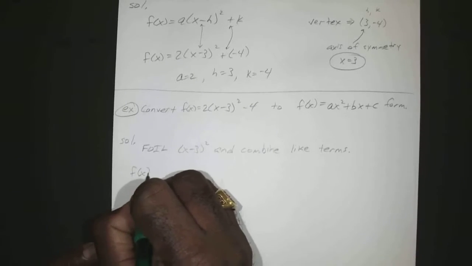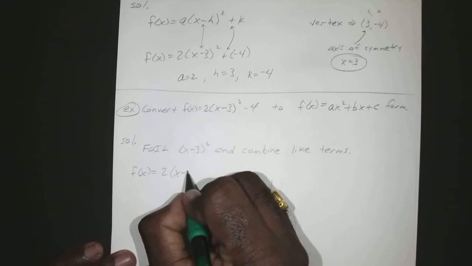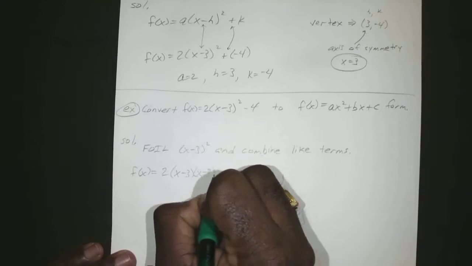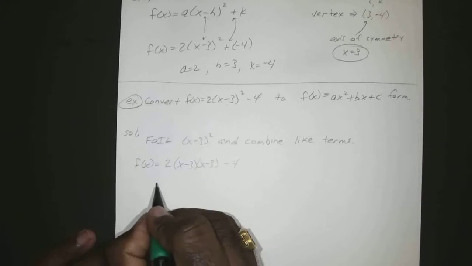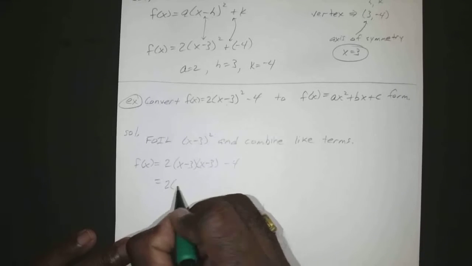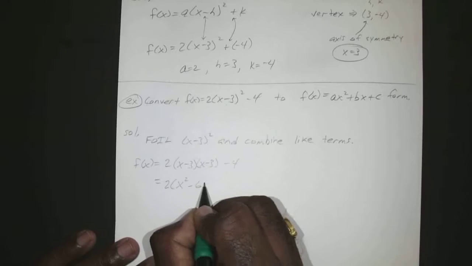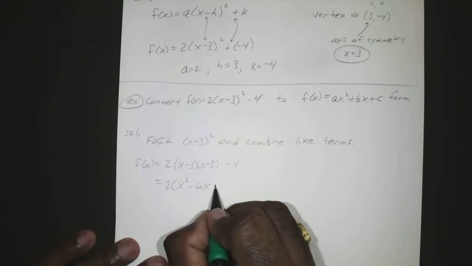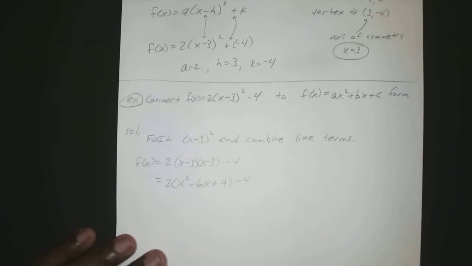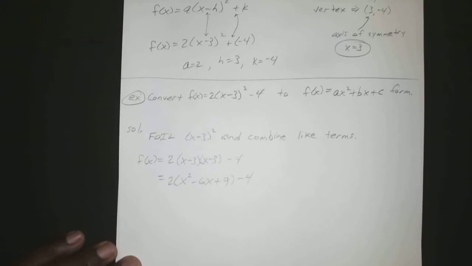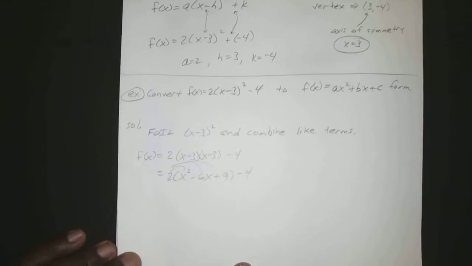That means our f of x is going to equal 2, instead of x minus 3 squared, make that x minus 3 times x minus 3, minus 4. Okay. So if we FOIL that out, we have 2 times x squared minus 3x minus 3x plus 9, minus 4. So we can go ahead and distribute that 2.